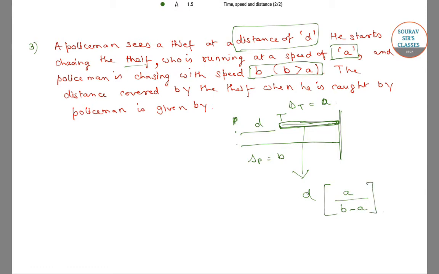And the distance covered by the policeman, denoted by dp, is equal to d plus dt, where dt is the distance travelled by thief before he is getting caught, which is given by the formula d into a divided by b minus a.